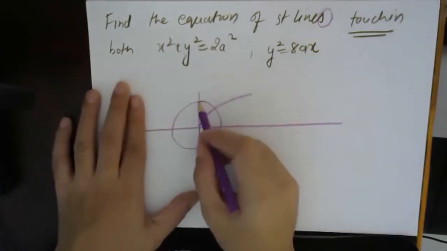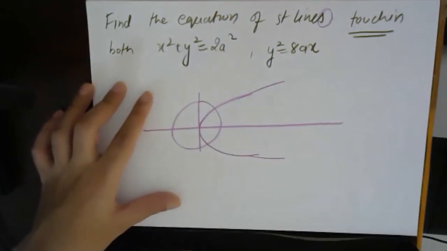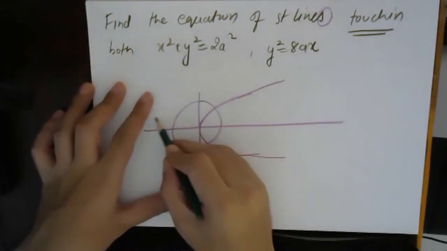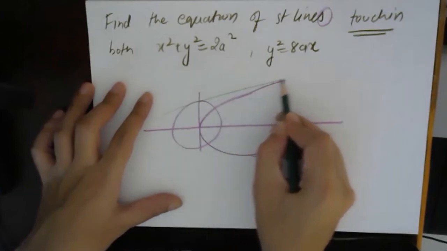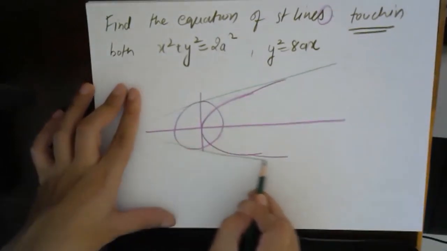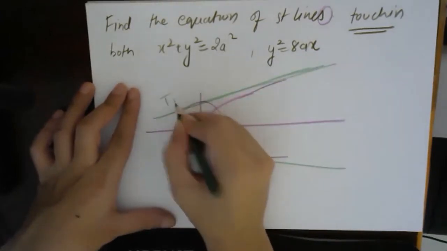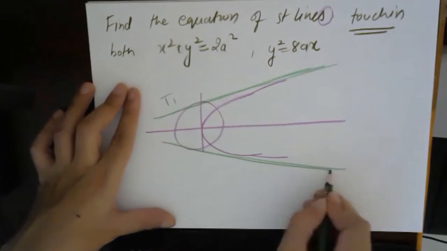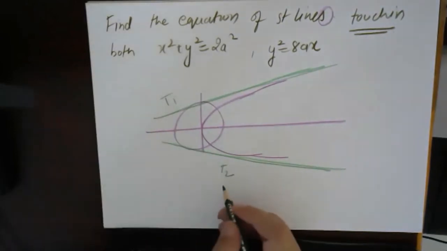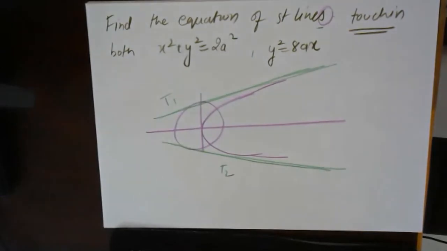So basically, you will get two tangents. One is this tangent T1, and the other is this tangent T2. That is why they have given lines touching the curves.